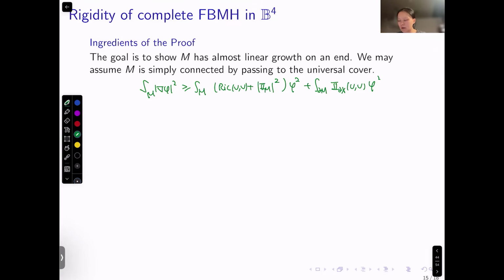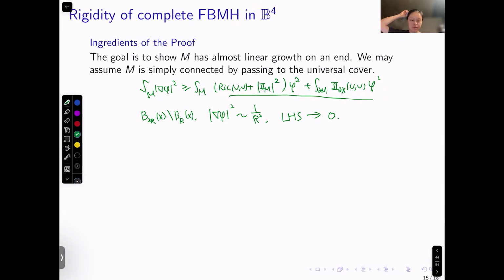If I plug in a standard cutoff function or bump function here, then I know that the gradient of phi decays like 1 over r squared. So if the volume only grows linearly, then you can show that the left-hand side goes to 0. And the right-hand side we know converges to the things we want to say has to be equal to 0.